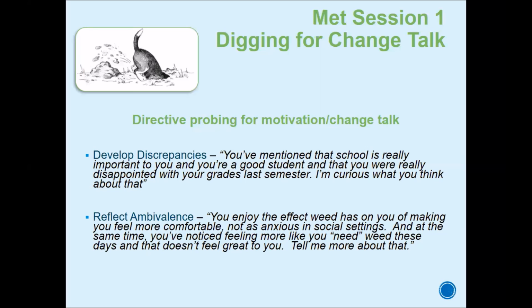An example is: you enjoy the effect weed has on you of making you feel more comfortable, not as anxious in social settings. At the same time, you've noticed feeling more like you need weed these days, and that doesn't feel great to you. So tell me more about that. Again, you're reflecting the ambivalence and then evoking more of it by asking for more details.